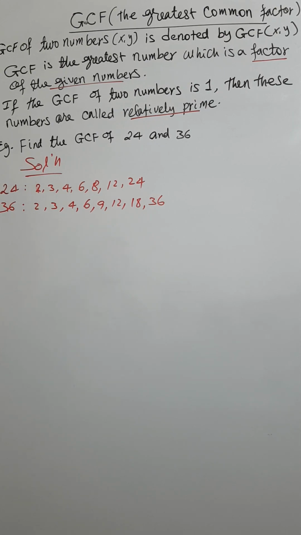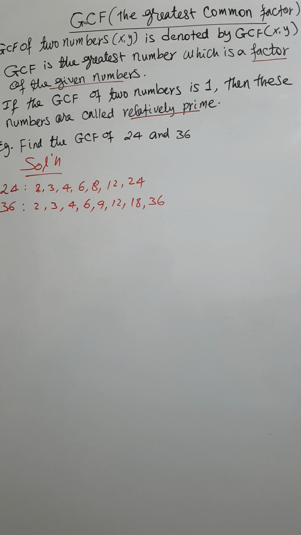Now here we have common factors. 2 is a common factor, 3 is also a common factor, 4 is also a common factor, 6 is also a common factor, and 12 is a common factor. There are no more common factors.